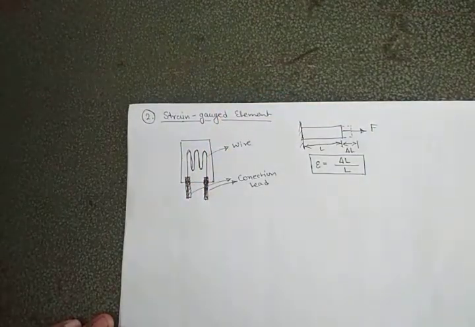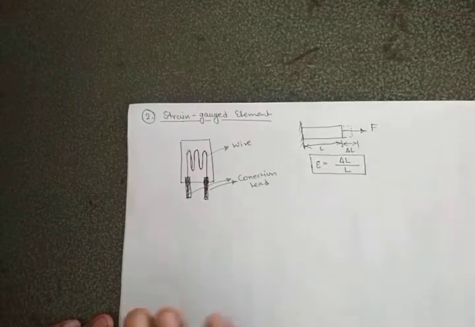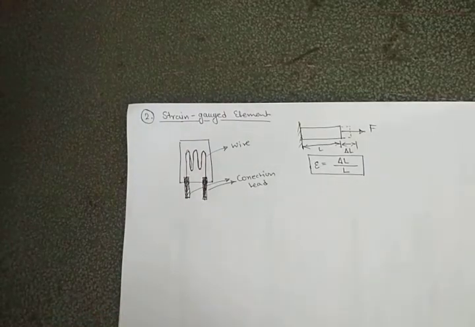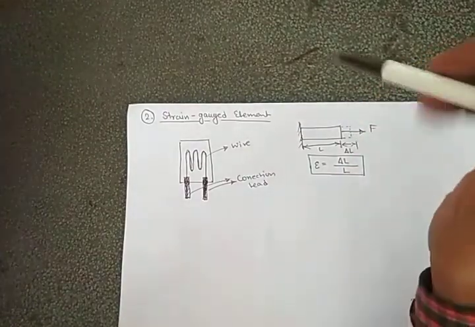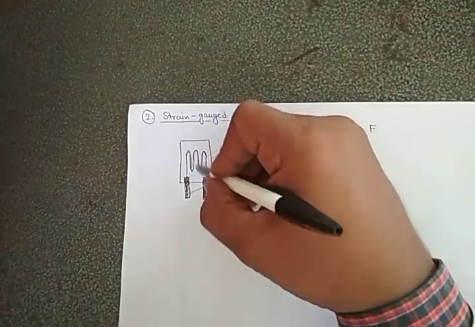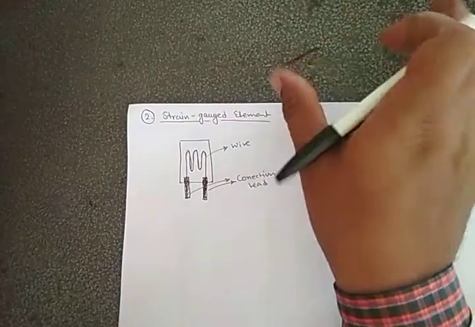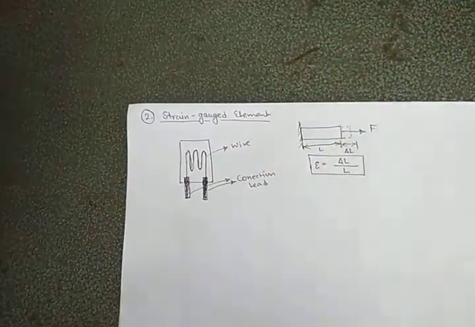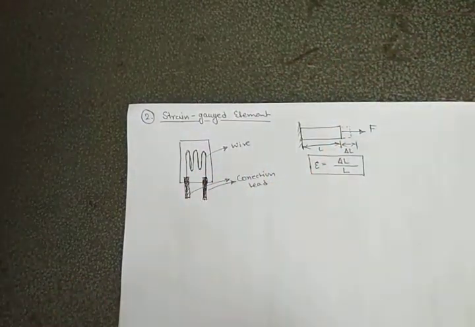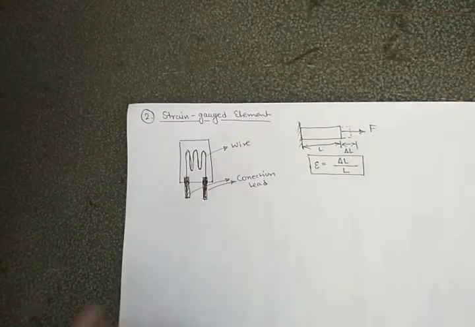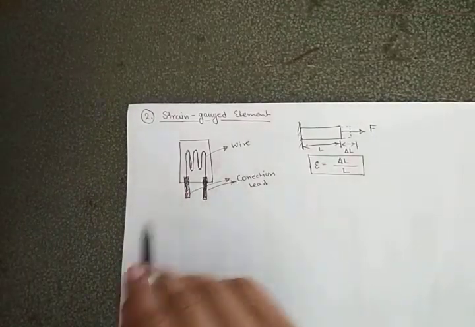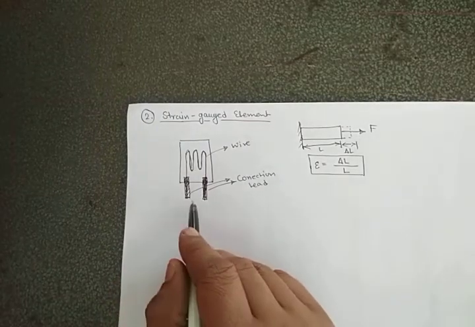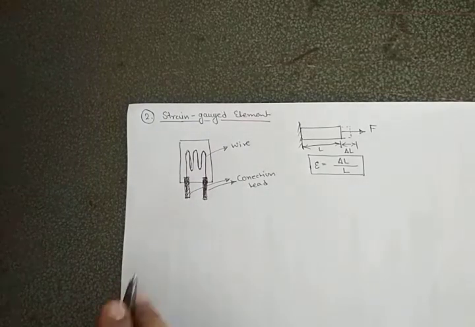You can print it on an object, like how you put a stamp on a paper. Like that only, this wire can be printed over any object where you want to measure the strain. We have to use that much thin wire, and it is placed like this. And these are the connection leads where you can give the current supply.